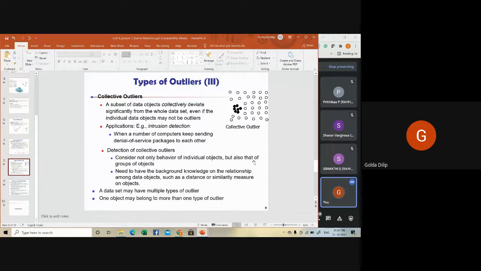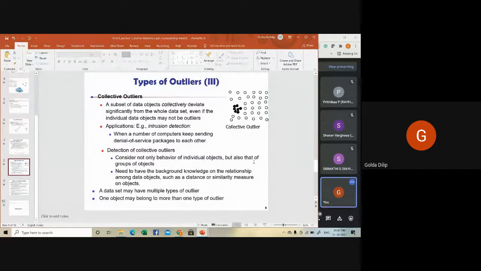In a collective outlier, a subset of data objects collectively deviates significantly from the whole data set, even if the individual objects may not be outliers. For example, take the stock price. All of you are aware of stock market prices, which keep changing, even every second.